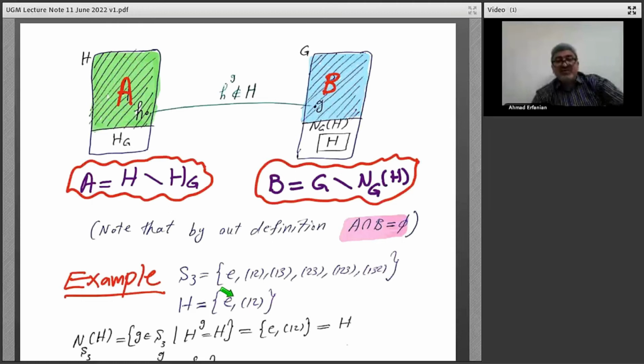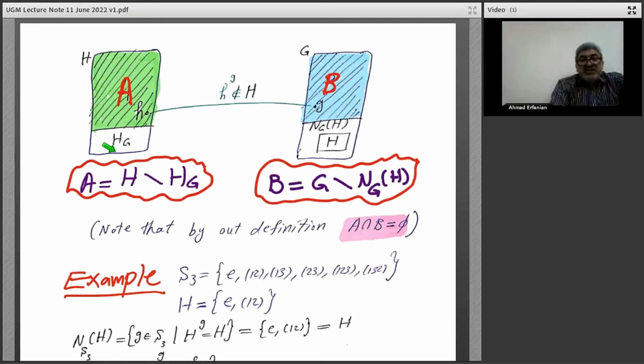Here you can see easily about the non-normal graph. So look at here. That's all elements of H, right?